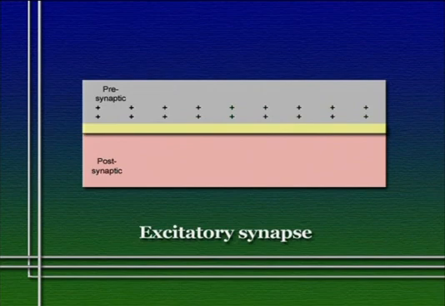So if it makes it more positive, or what we referred to last time as depolarizing the postsynaptic cell membrane, then it brings it closer to the threshold value that's necessary for that second neuron to fire its own action potential. That's an excitatory synapse.